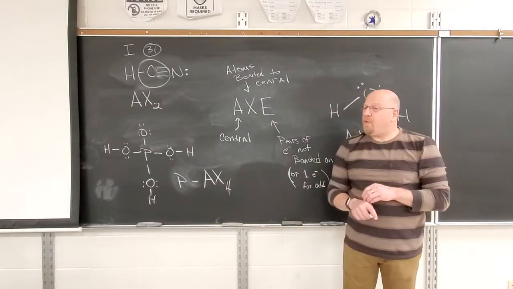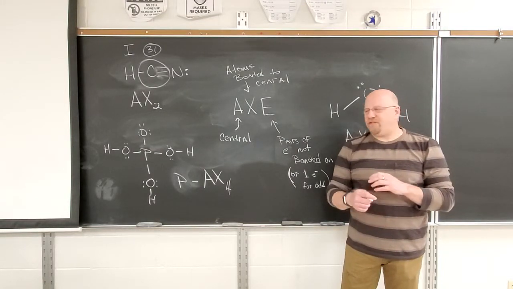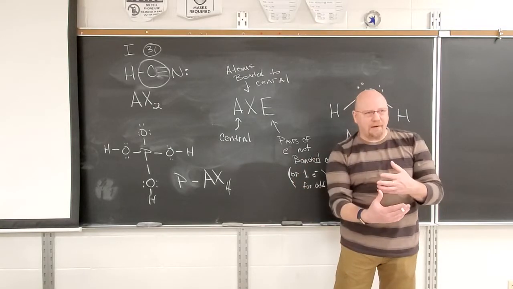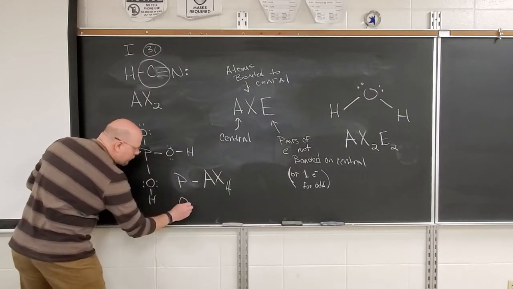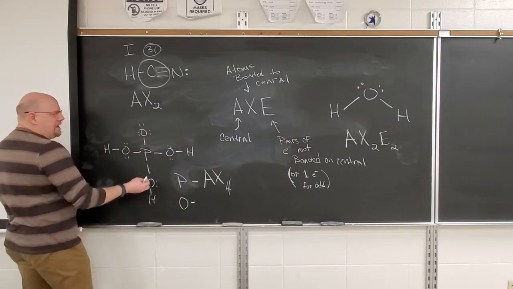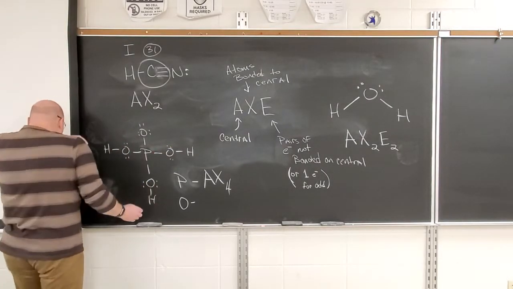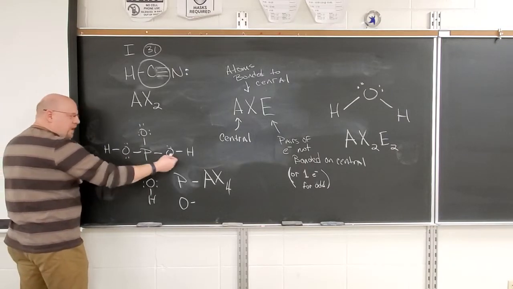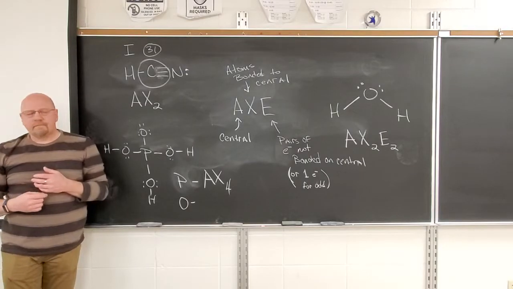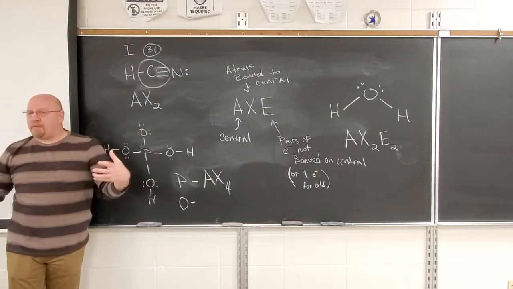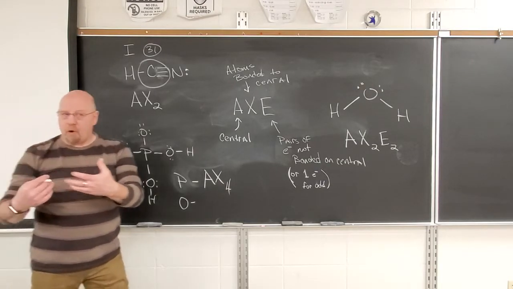Now, we have other central atoms here. I guess you could say phosphorus is the central atom, but oxygen is also kind of a central atom here. These 3 oxygens, they're at the center of several bonds. Okay? So in some of our more complex molecules, we need to look at what's the VSEPR notation around multiple atoms.